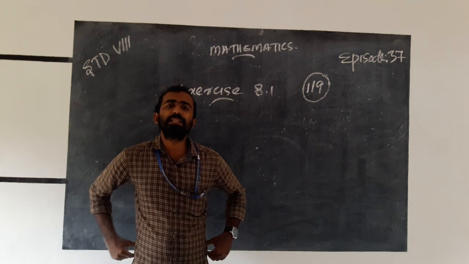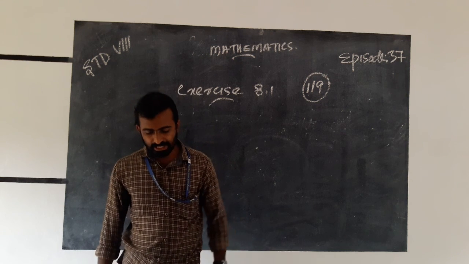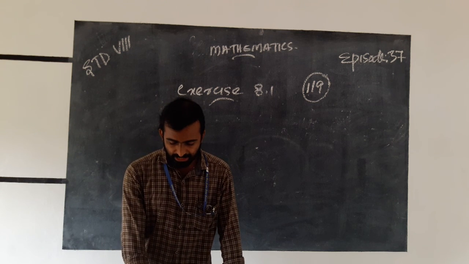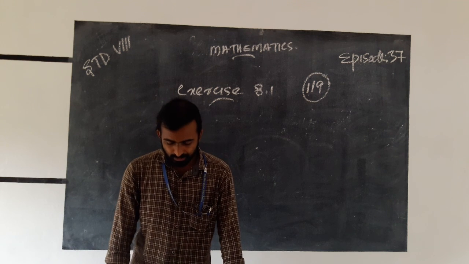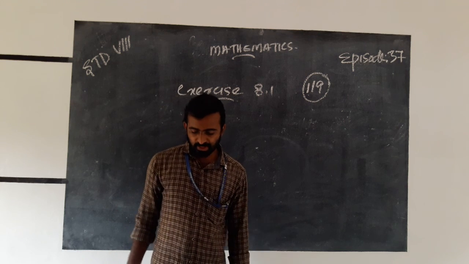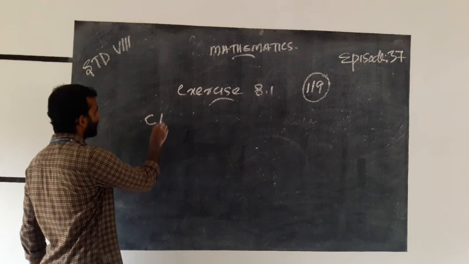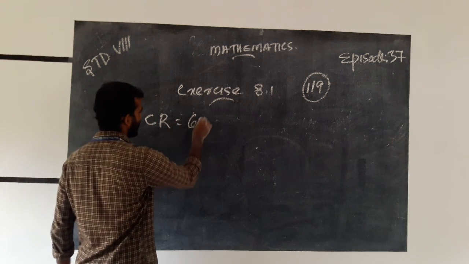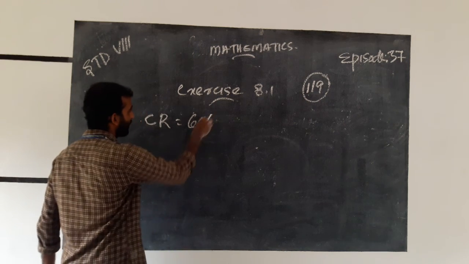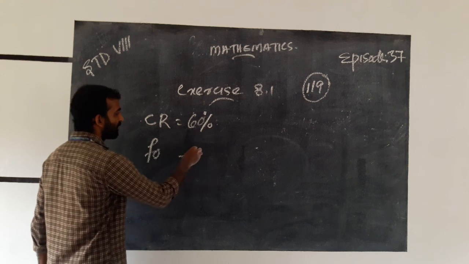Here it is giving 3 games: the first one is cricket, the second one is football, and the remaining like other games. What is the percentage who like the other games? Cricket lovers are 60%, and football lovers are 30%.